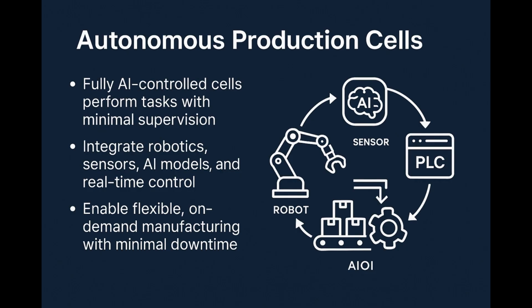They can also be scaled horizontally, deployed across the factory floor, or distributed across locations, making them a key enabler of decentralized, resilient production. Autonomous production cells represent the convergence of robotics, AI, and edge computing, offering a glimpse into the factory of the future, where flexibility and autonomy go hand in hand.